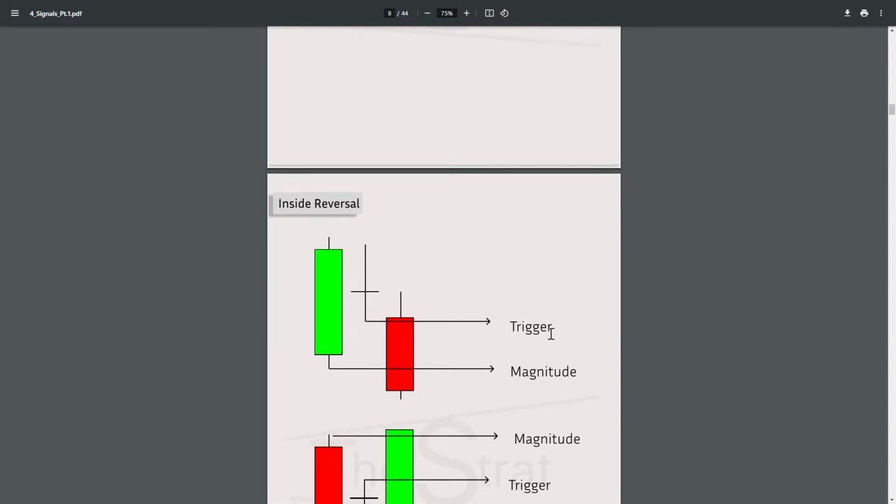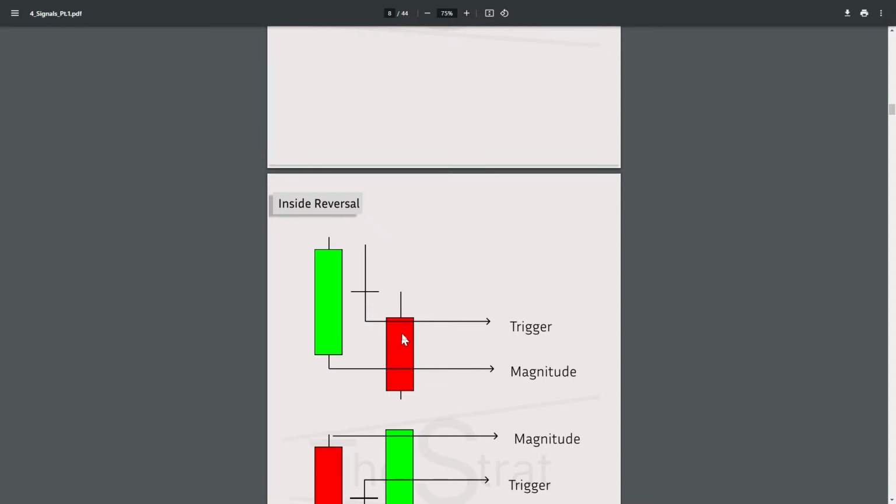So, an inside reversal. The first thing to note is the very first candle, the mother bar, is green. And then we have an inside bar. The reversal is the reversal of the original direction. The original direction was green, then we have consolidation, and then sellers take over.